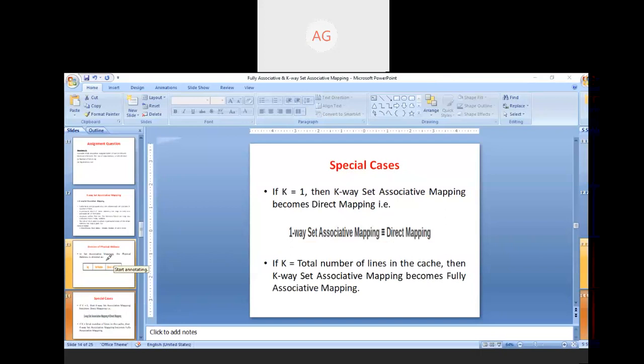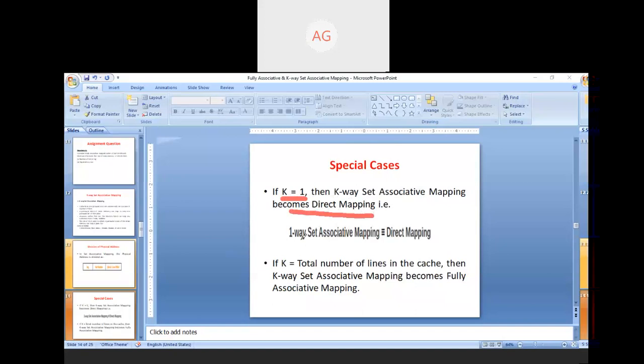Now you need to remember the two special cases of K-way set associative mapping. The first case is if k is equal to 1, then K-way set associative mapping becomes direct mapping.